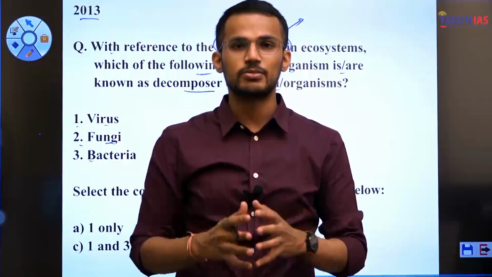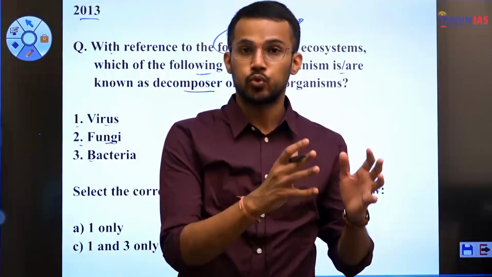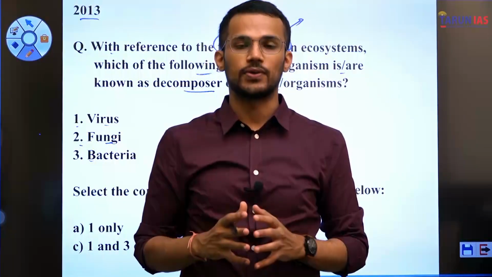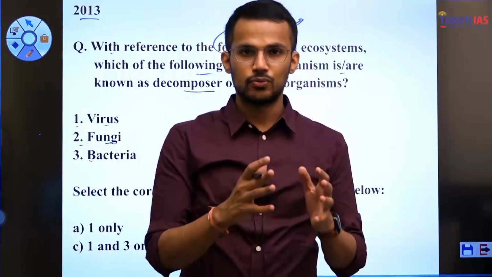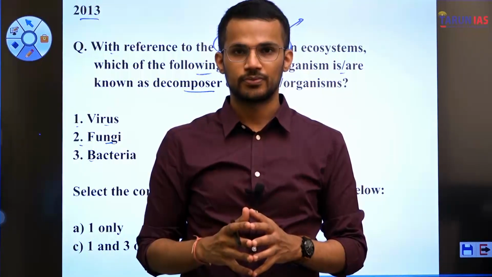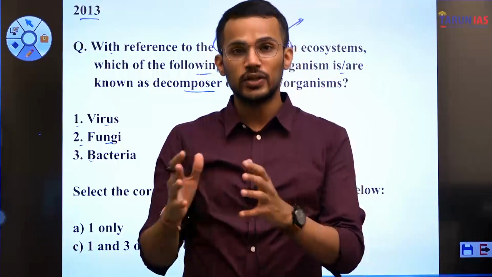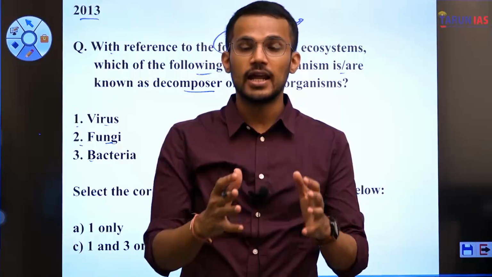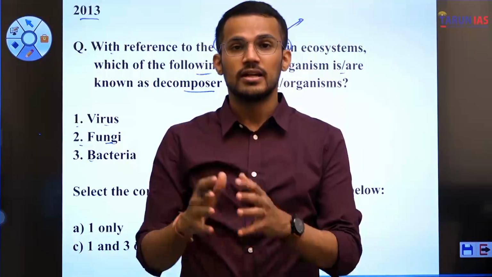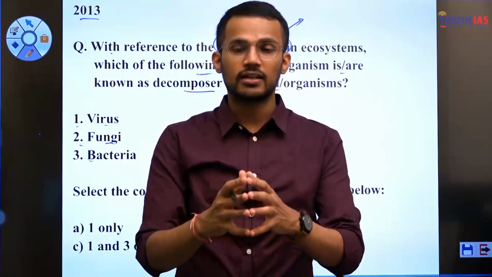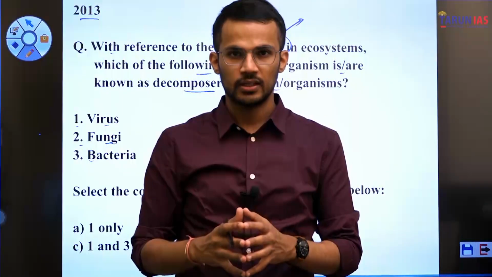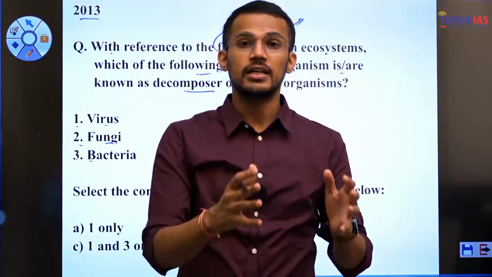Grazing food chain, as name suggests, is a food chain where we will have producers at first trophic level. And in detritus food chain, we'll have dead decaying matter at first trophic level, because dead and decaying matter will act as a source of food for decomposers. And this question is about the decomposers.